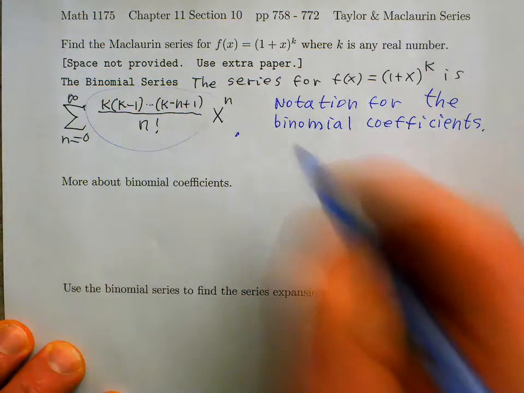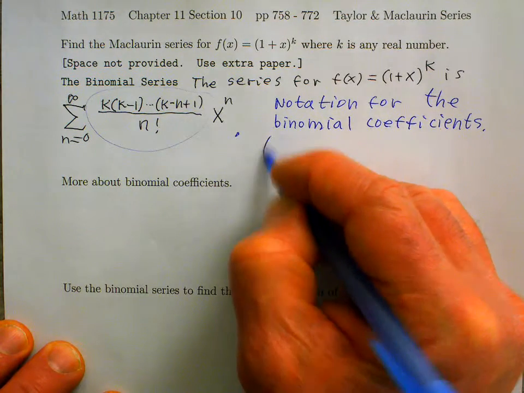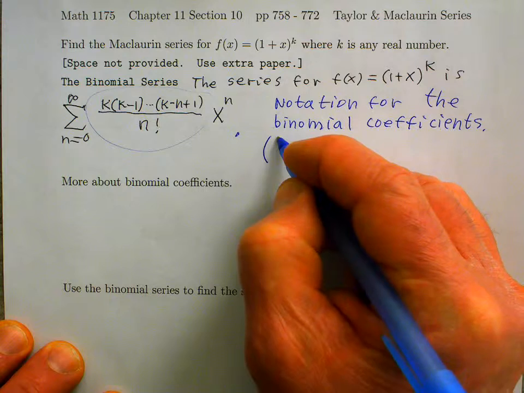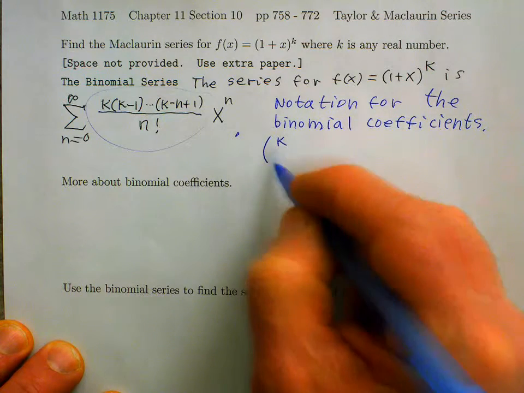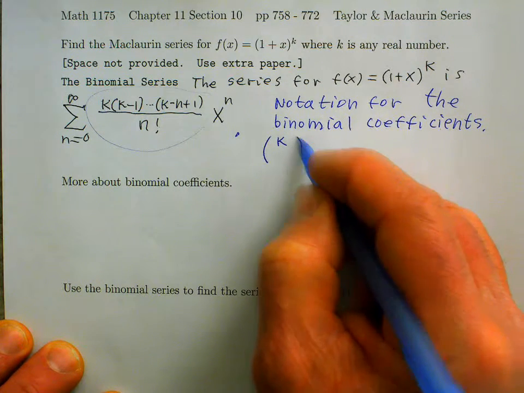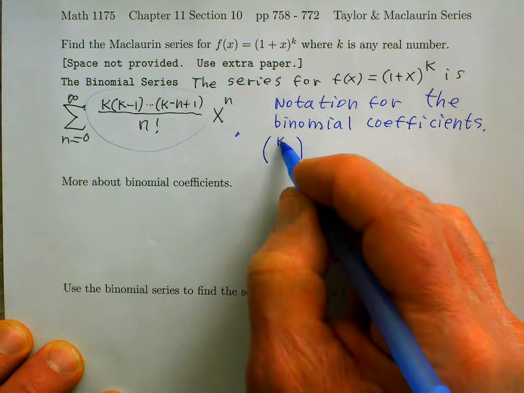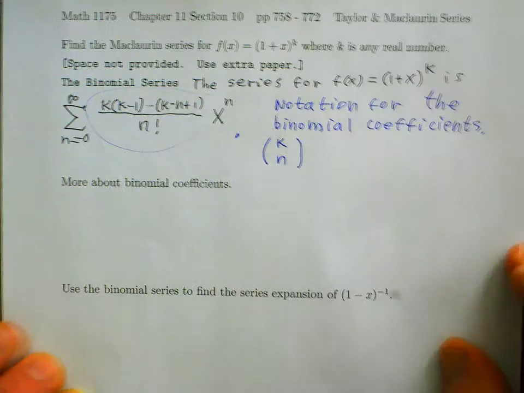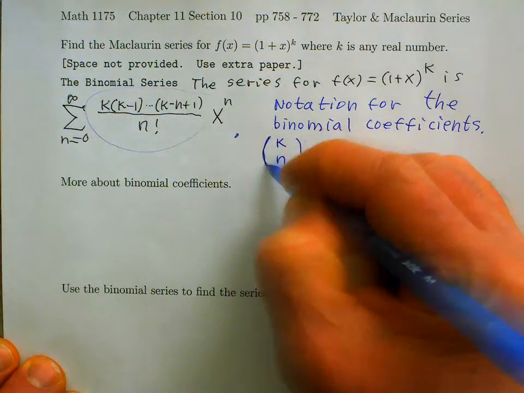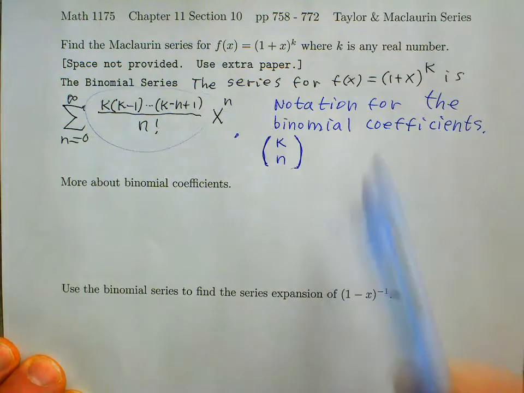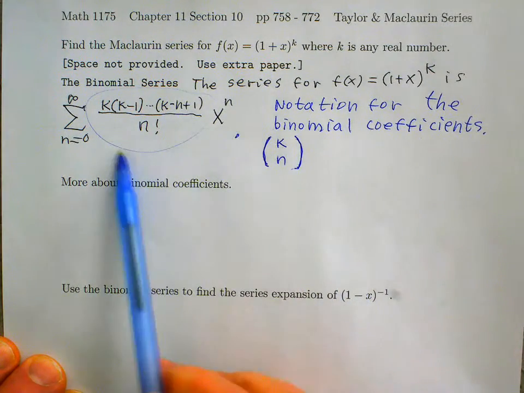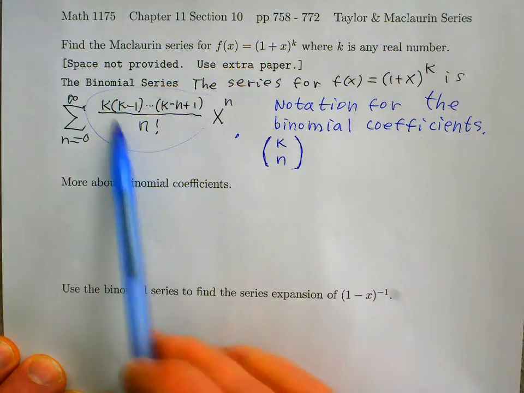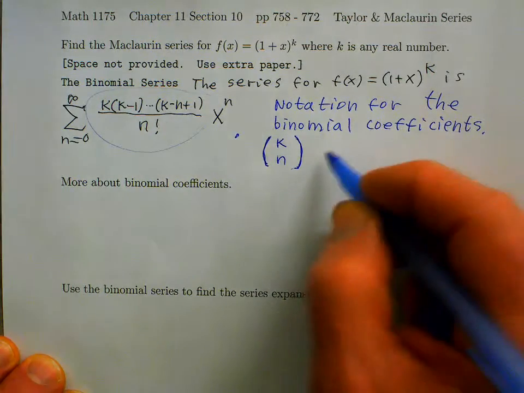So the notation, we have a set of parentheses, the top number k and the lower number n. This special notation represents what we have written.